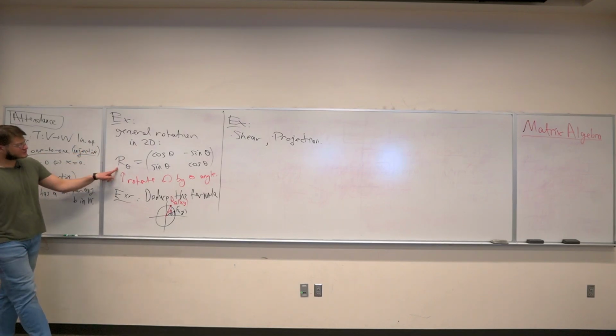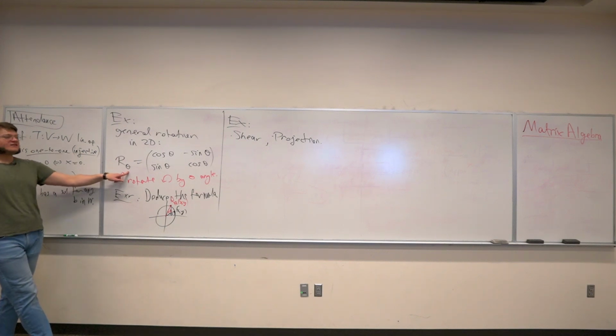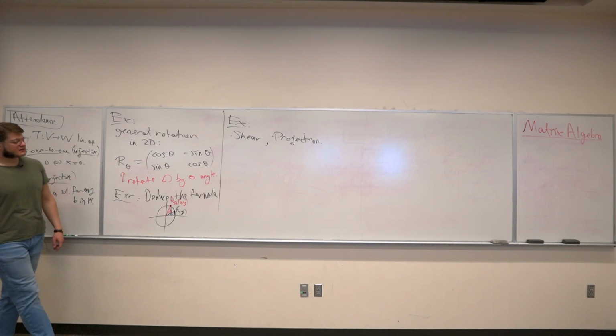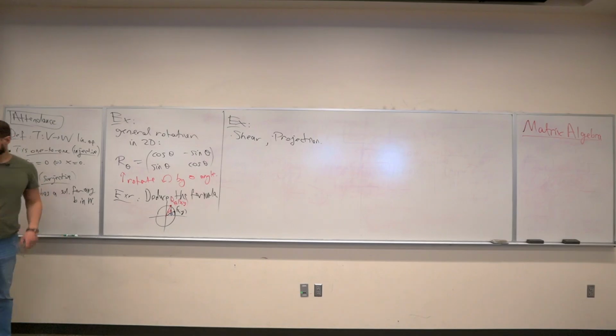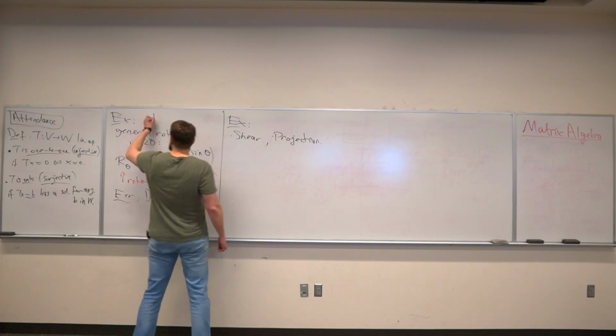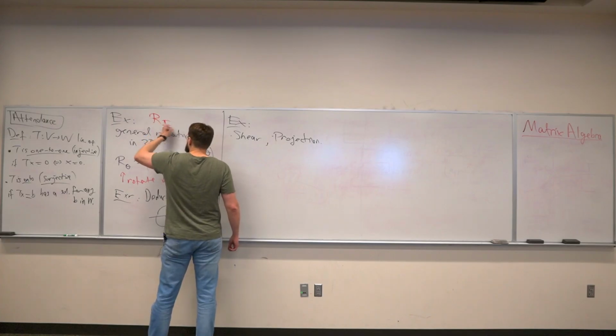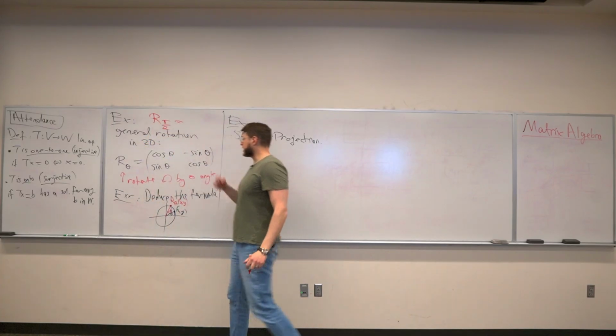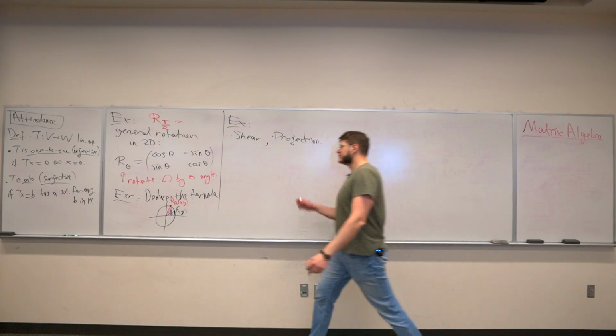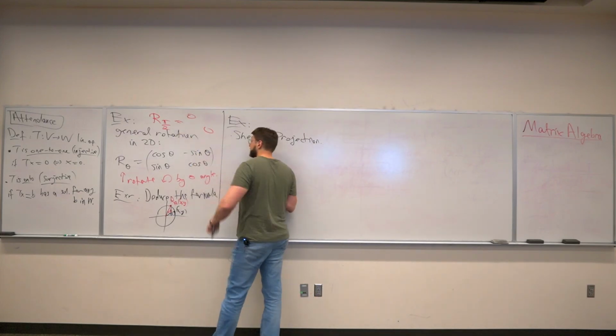So for instance, if I were to plug in theta equals pi over 2, that's a 90 degrees rotation in the counterclockwise direction. I'll write it here. So for instance, r sub pi over 2: cosine of pi over 2 is 0, so I have zeros on the diagonal.